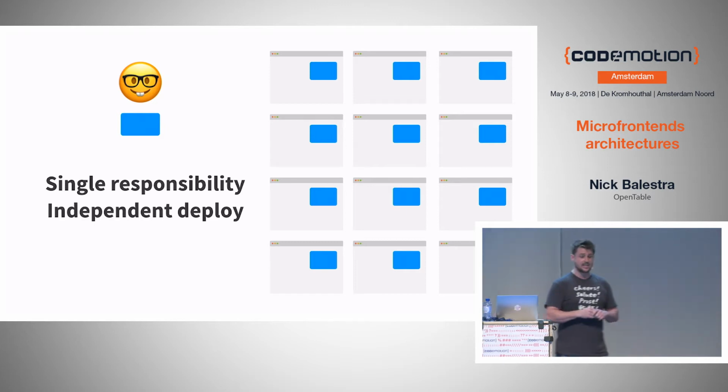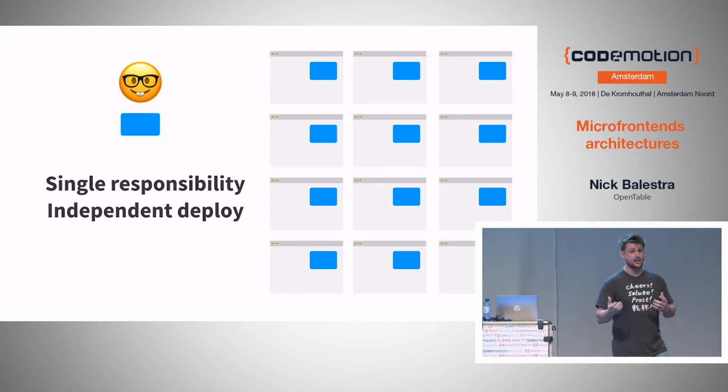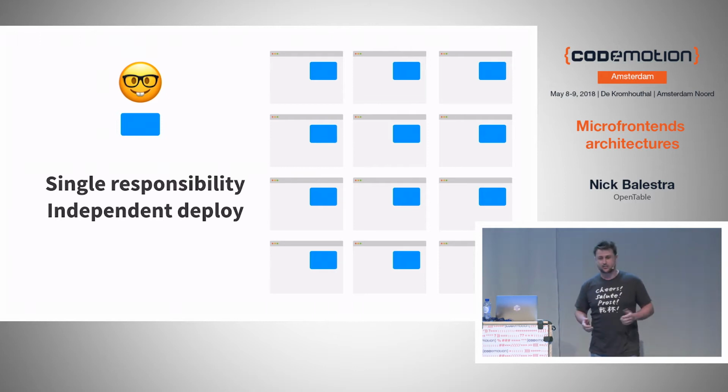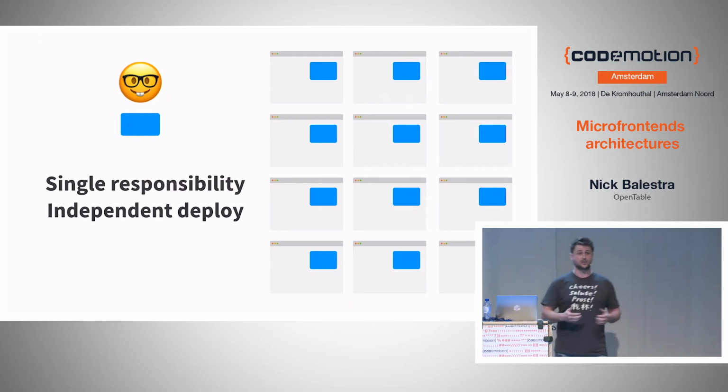The second one is they need to be able to deploy that widget independently. Let's imagine that you are fixing a bug. You cannot ask those 10 websites to be redeployed.